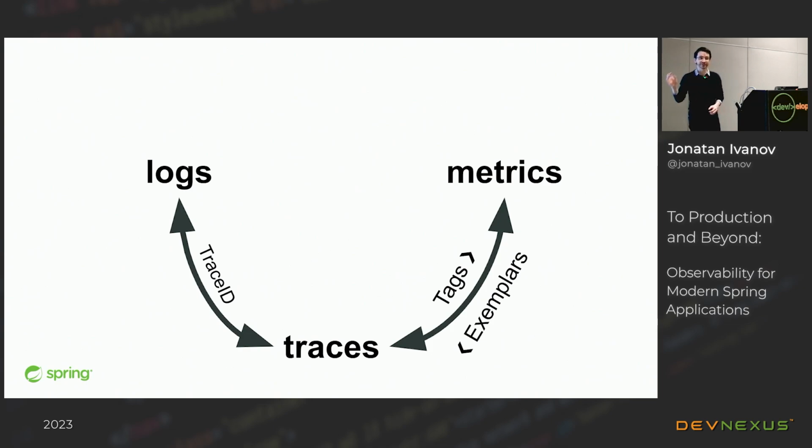Exemplars are metadata that you can attach to your metric values. So wherever you have that 200 milliseconds, that can have an exemplar too, which is arbitrary key values. Most of the time, these exemplars will contain the trace ID and the span ID, because when you calculate this metric and measure the time, you can also sample your spans.